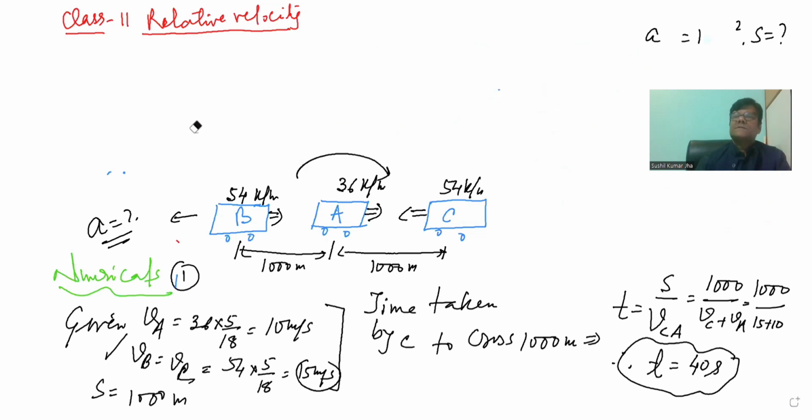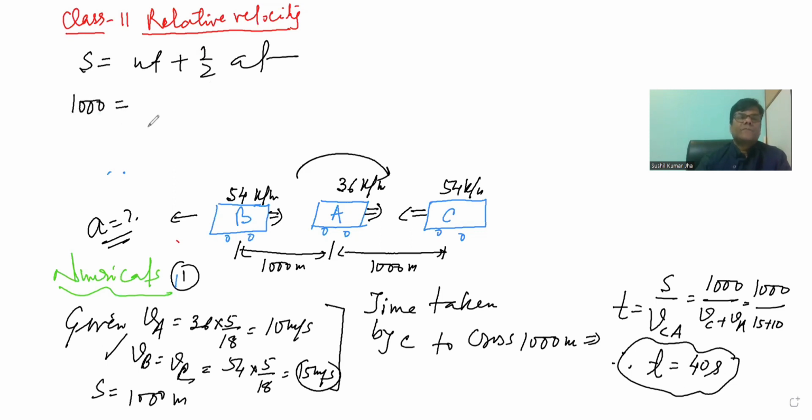So let's write this. S is equal to UT plus half AT². Now S is 1000. How much is U?